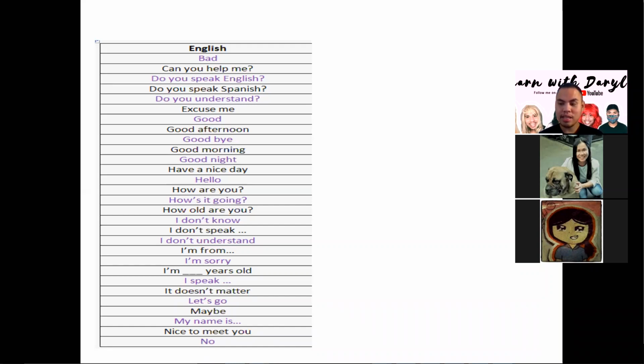I'm sorry. Well, this one, there's a lot of variation because it depends on the level of severity, I guess. Perdón, disculpa, lo siento. Okay, very well. I'm blank years old. If you're teaching English here in Spain, it's so funny because they always say I have for age. It's like a direct translation.